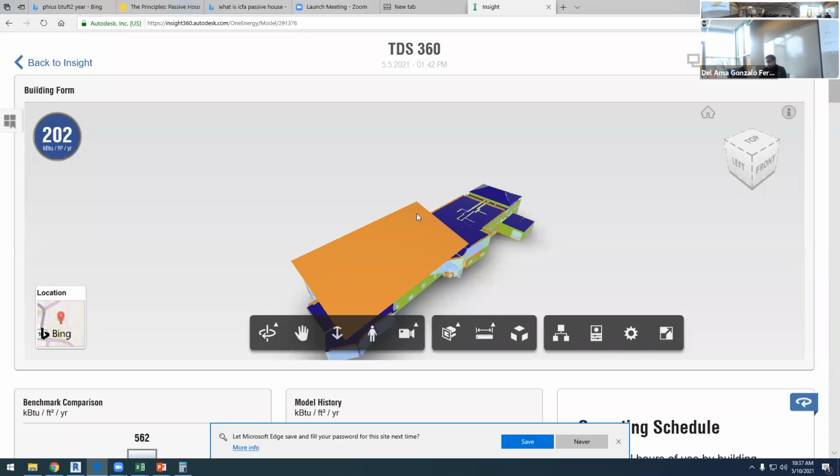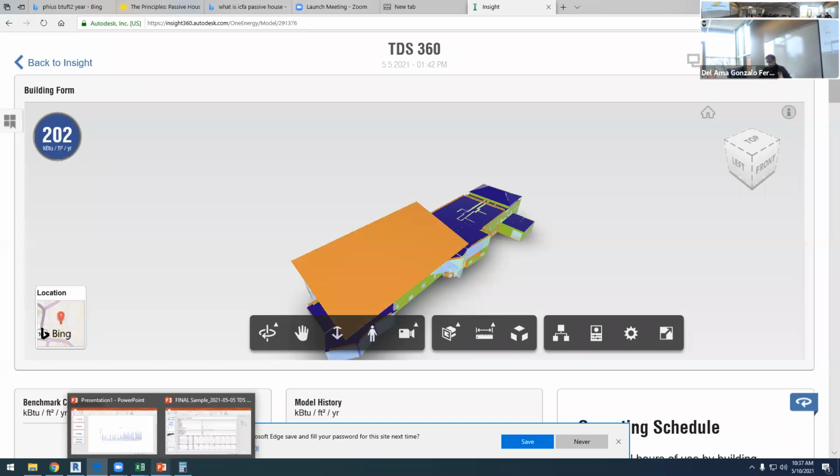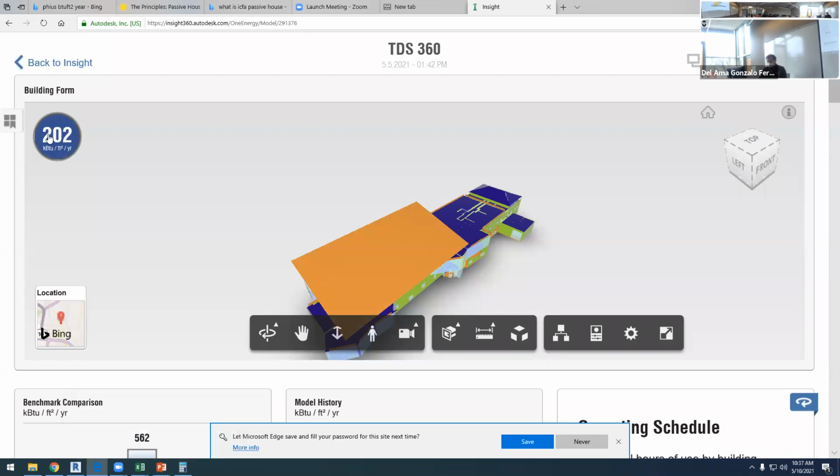The TDS building is going to consume more energy than a single-family house because the building is bigger. That's why we need to divide this by the area, the same thing we did with the PV array to understand which option was better.